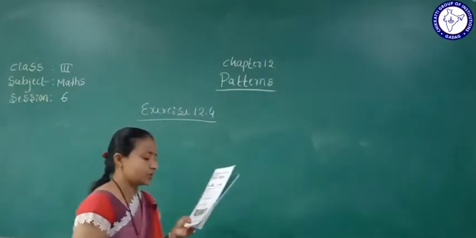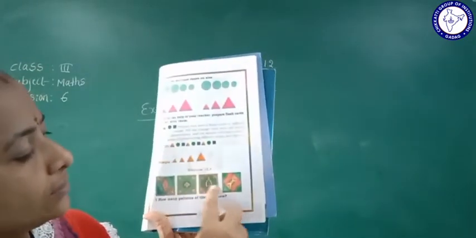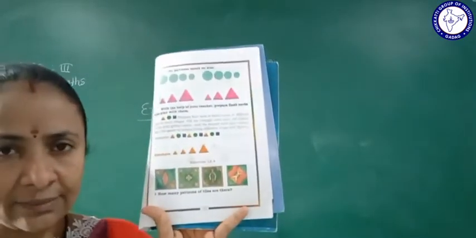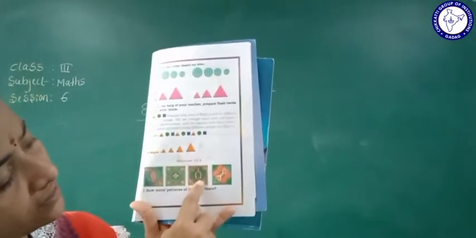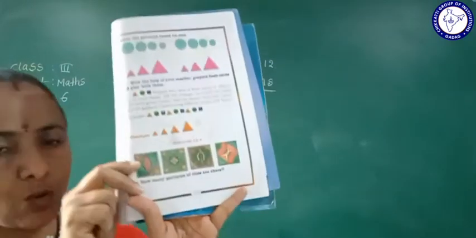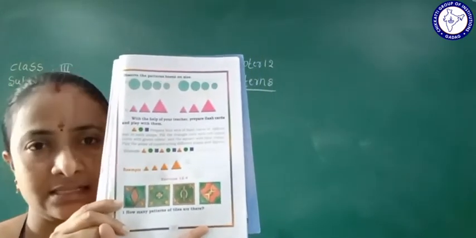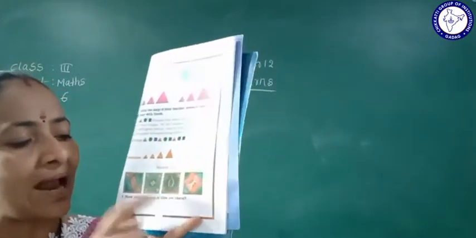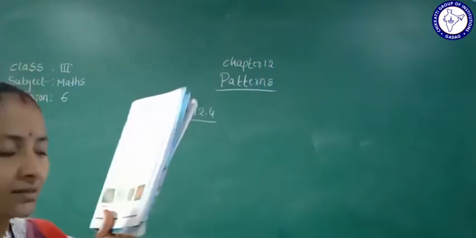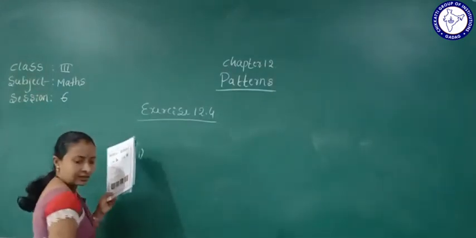The first question they have given here: there are 4 different types of tiles. Here is different, here is different, here is different. So all the 4 have different designed tiles. The question is, how many patterns of tiles are there? Tell me how many patterns of tiles are there.